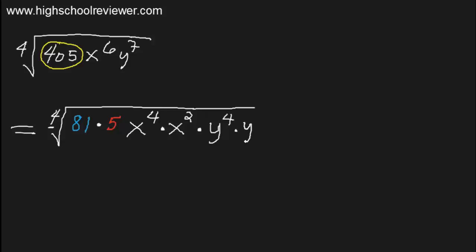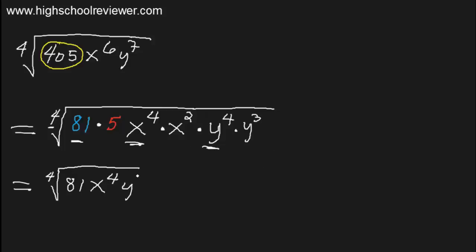And the remaining will be y raised to 3. Okay. So we will then separate those that are the fourth root. So the terms with the fourth root will be 81 and x raised to 4, and then y raised to the fourth.